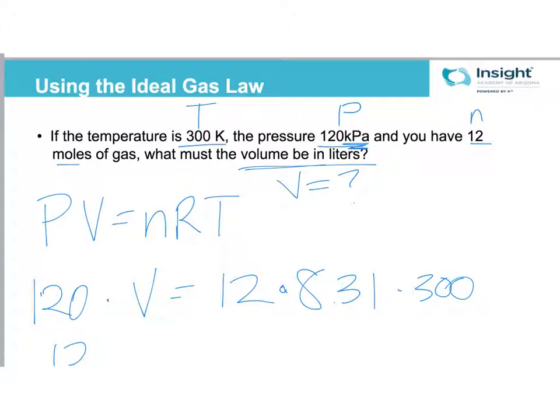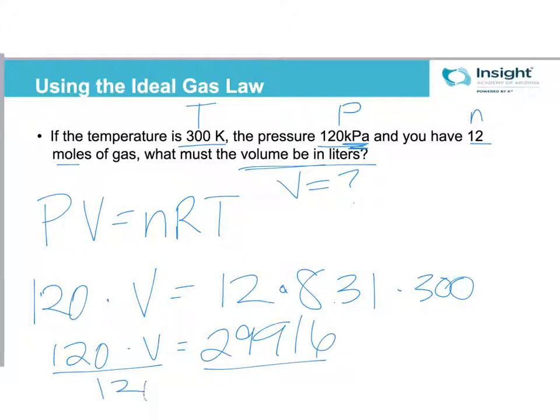So I've got 120 times V equals 12 times 8.31 times 300, so 29,916. I'm going to divide both sides by 120.